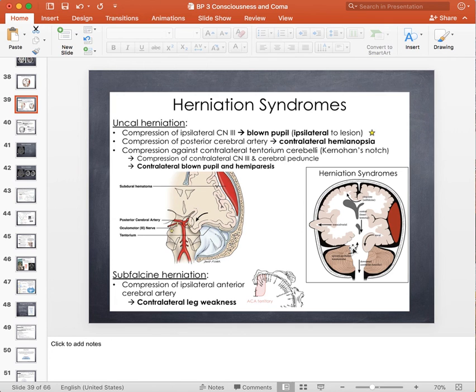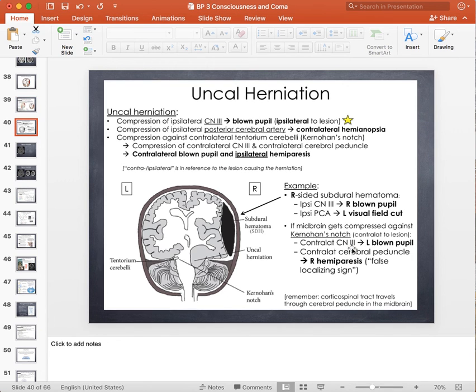So at this point now you've got both blown pupils and weakness on the side contralateral to the cerebral peduncle. Which means, getting confusing as we go along here, that your upper motor neuron weakness to the extremities is actually on the ipsilateral side of the lesion.